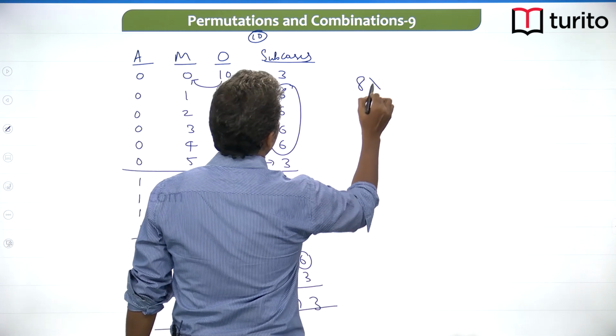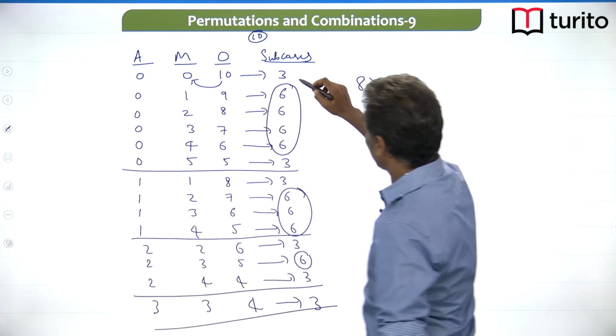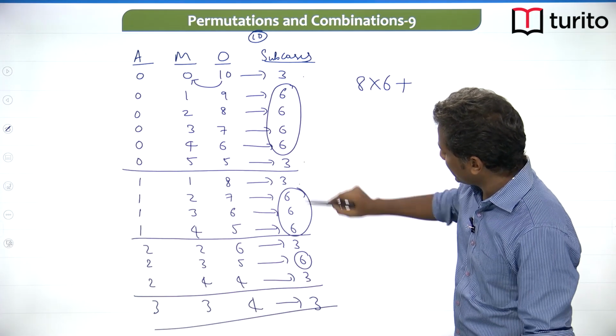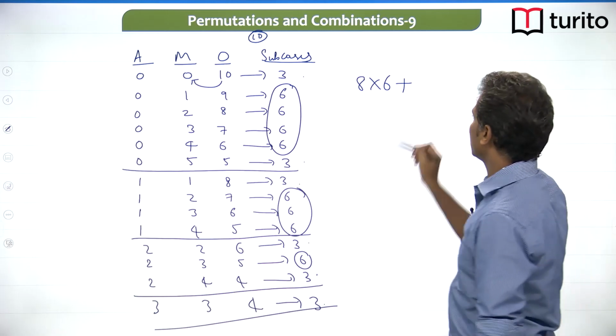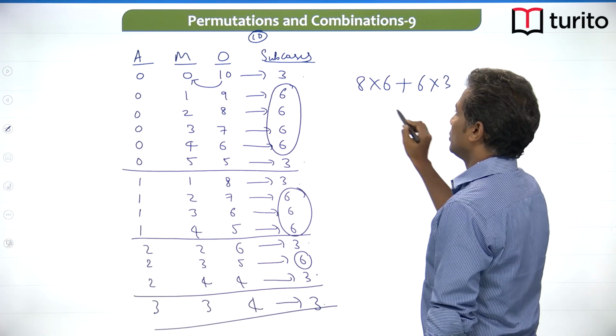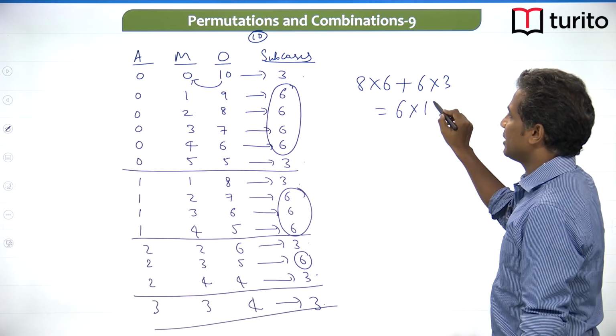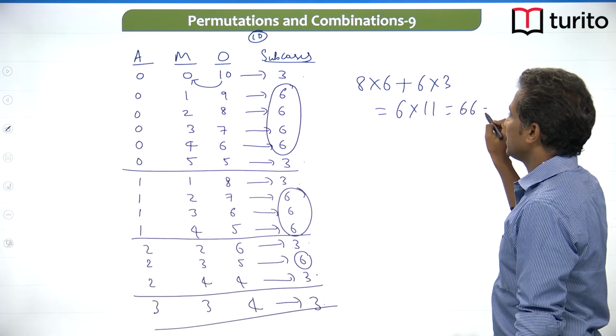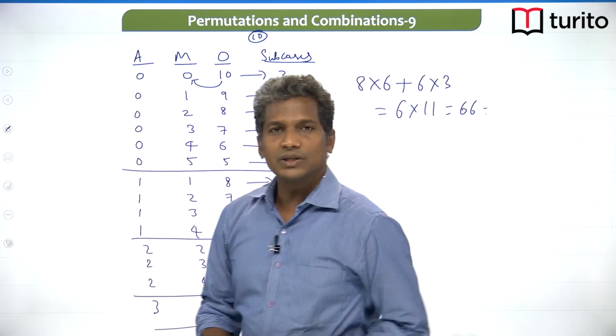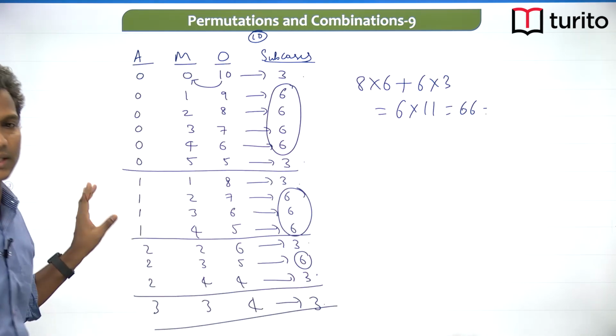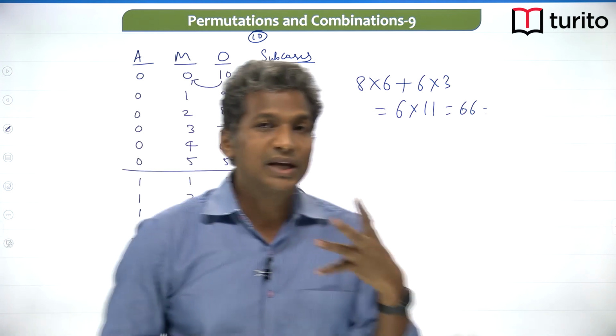So, 8 into 6 plus 1, 2, 3, 4, 5, 6 3s are there, plus 6 into 3. You want to calculate the sum. So, let us say I take 6 common, 8 plus 3 is 11, which is 66, it has matched.